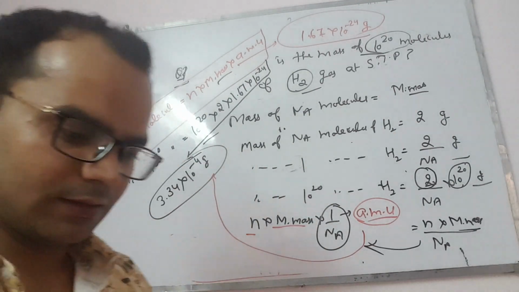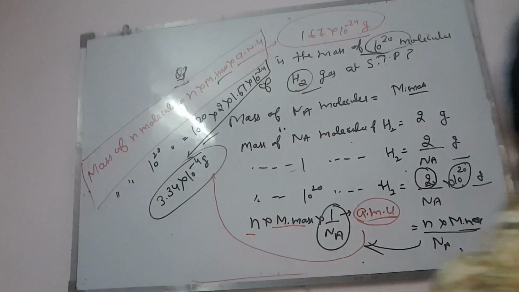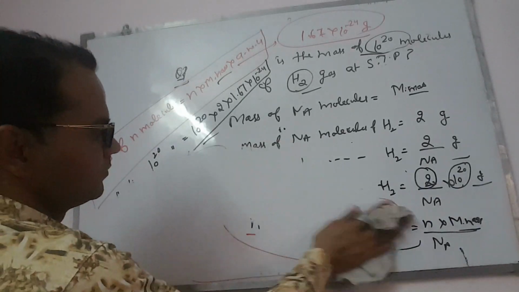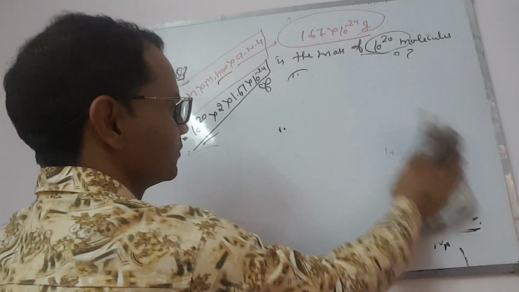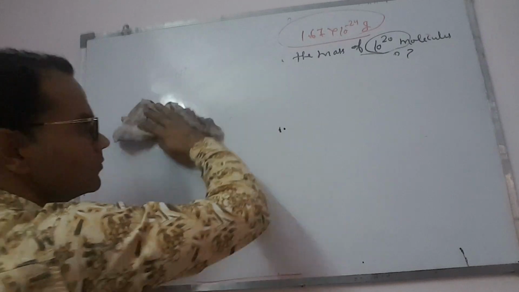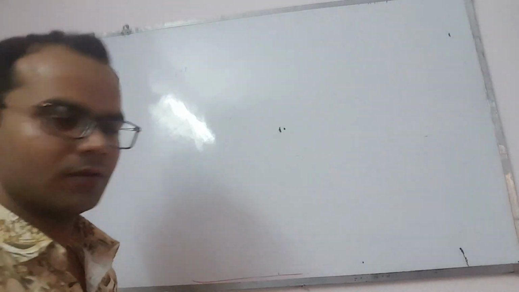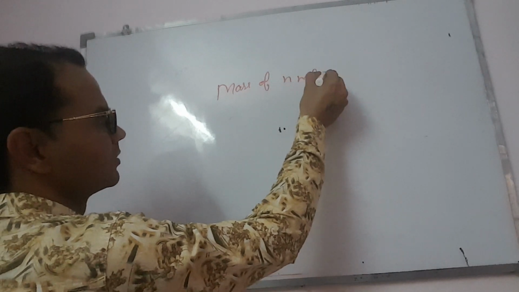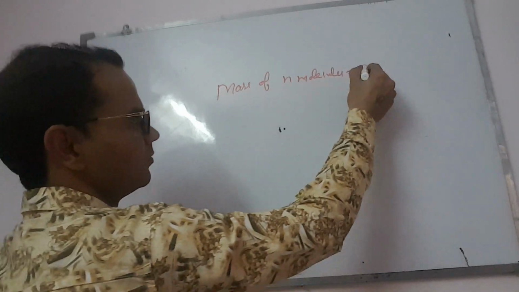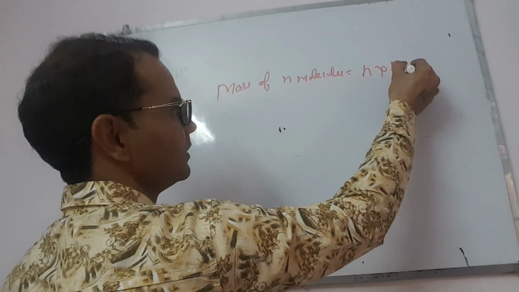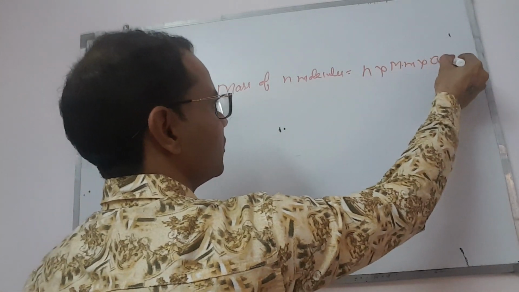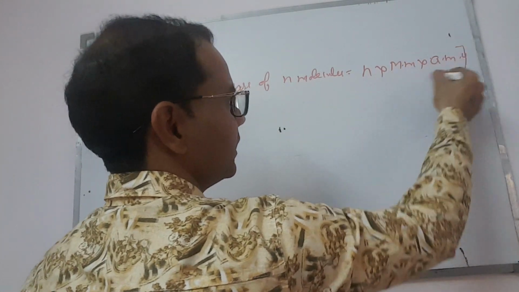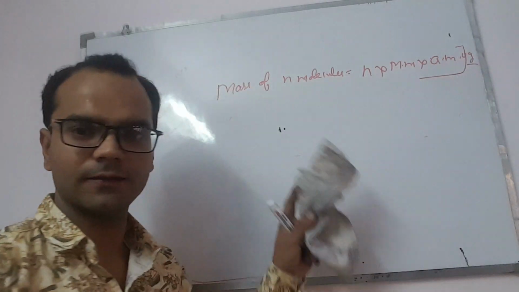I write it again. Mass of n molecules equals n into molecular mass into atomic mass unit. Answer will be in gram.